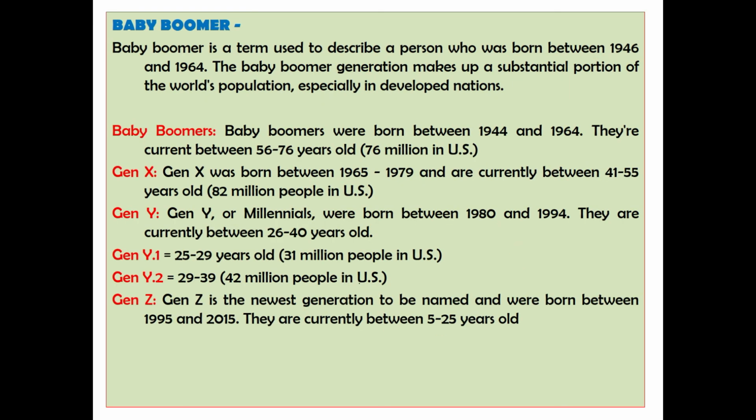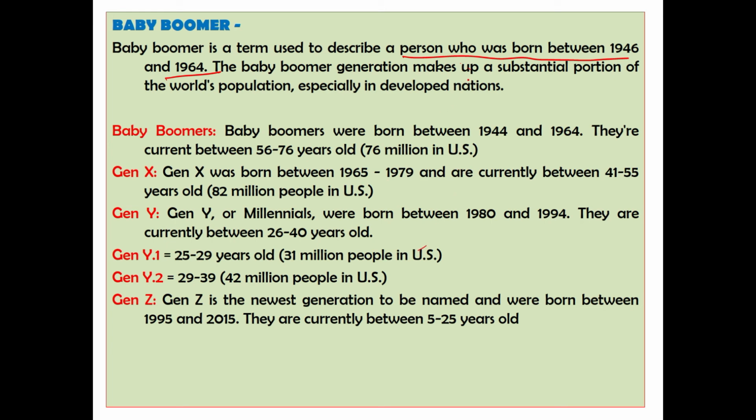Now, baby boomer. These are terms described with respect to generations. Baby boomers are people born between 1946 and 1964. So basically, our fathers and all will be called baby boomers.